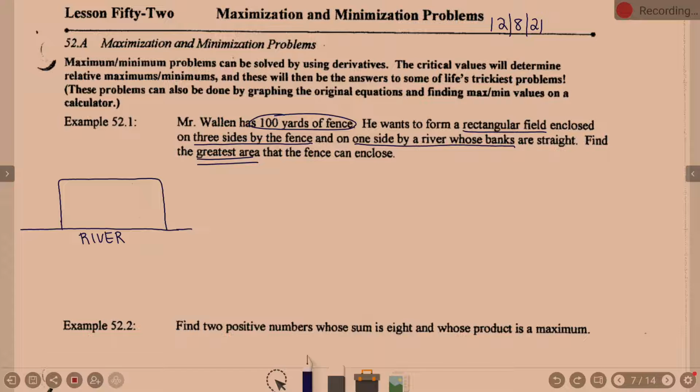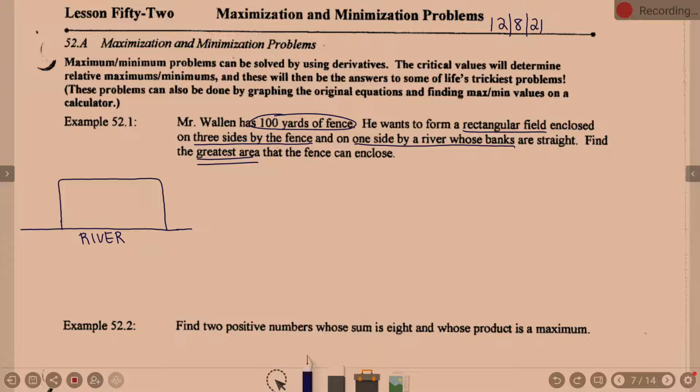Okay, let's see. We're trying to maximize area, yes? So as we try and maximize area, what do you know about area? Length times width. Okay. So, which way do I want to do this? We have 2 sides that are the same, and we have 1 side that's different. And that 4th side we don't care about.